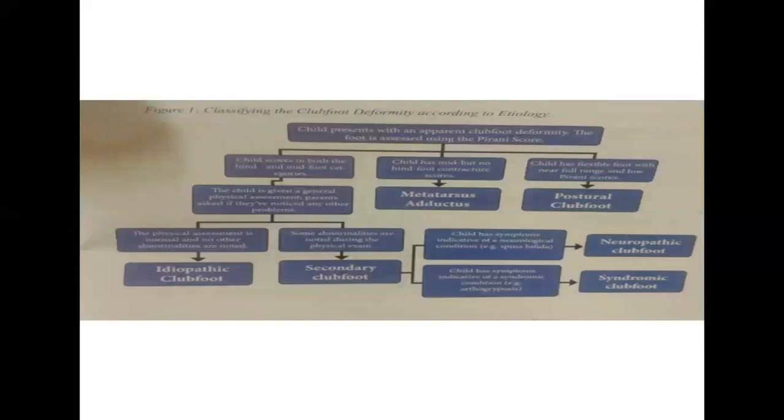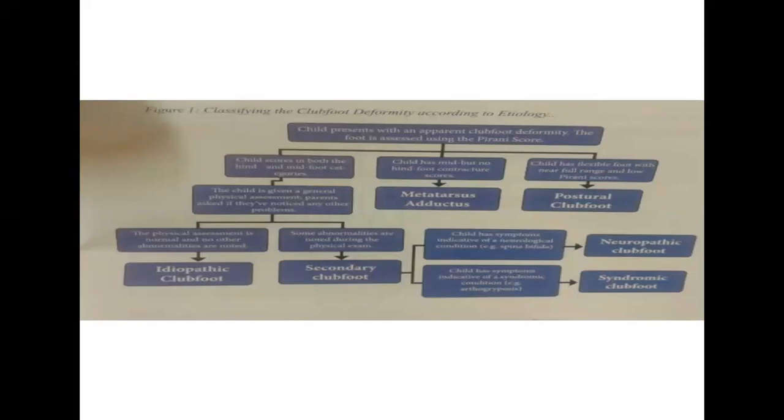Classifying the clubfoot deformity according to etiology. A child presents with an apparent clubfoot deformity, and the foot is assessed using the Pirani score. The child is scored on the hindfoot and midfoot categories.